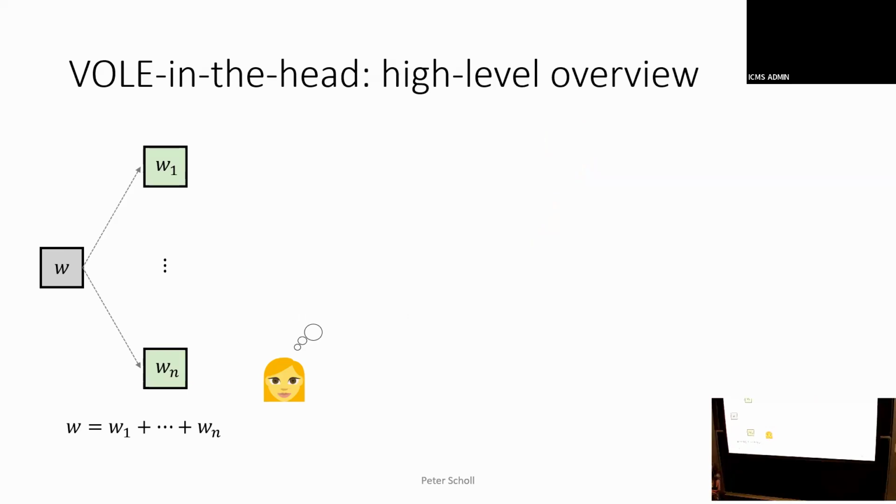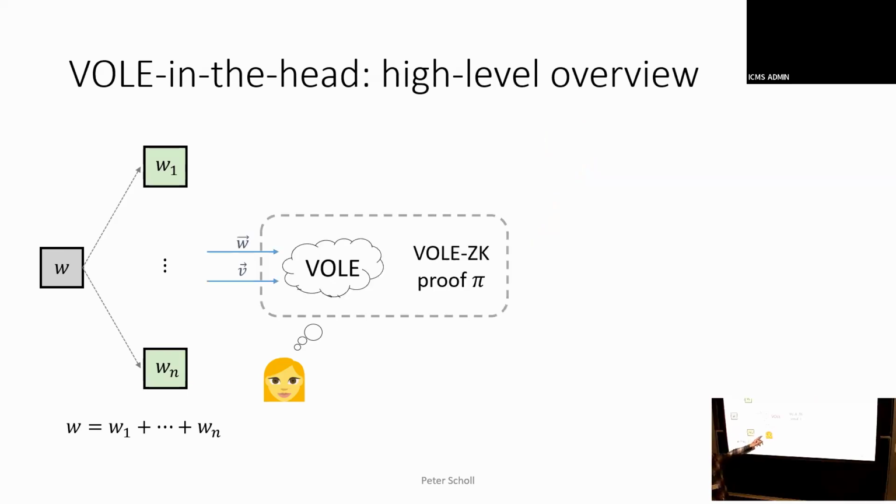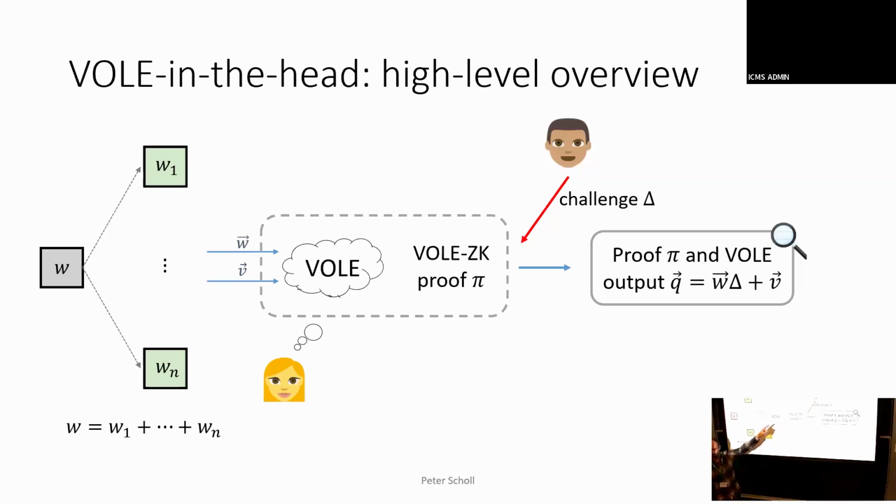And now, instead of doing MPC in the head, Alice is going to basically generate some VOLEs, which commit her to the witness, but now kind of in the head, and generate a kind of commitment to the verifier, which commits it to these inputs to the VOLEs, such that later we can get a public challenge from the verifier, which is going to play the role of this delta, and will allow Bob to learn this output of the VOLE correlation, so the Q, which is just the evaluations of these two lines at the point delta, and then can verify the proof.